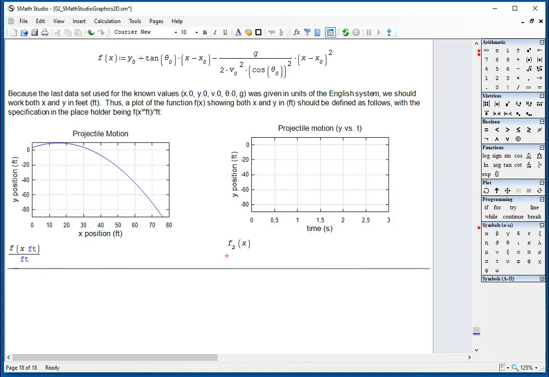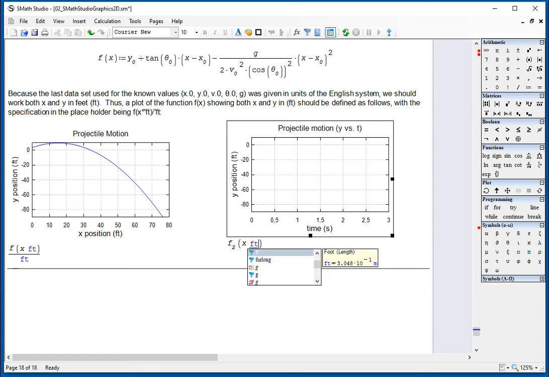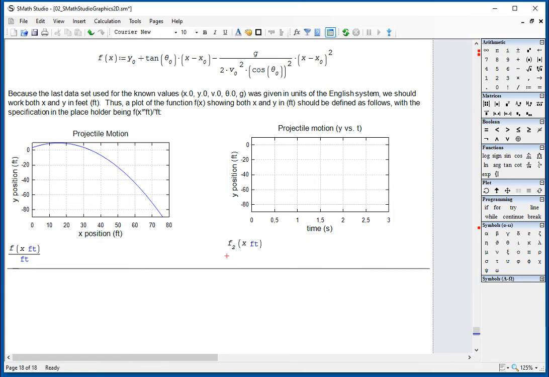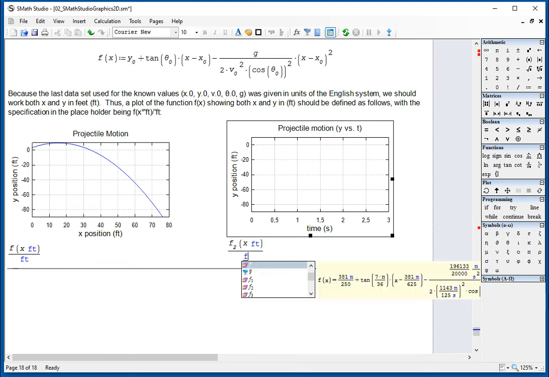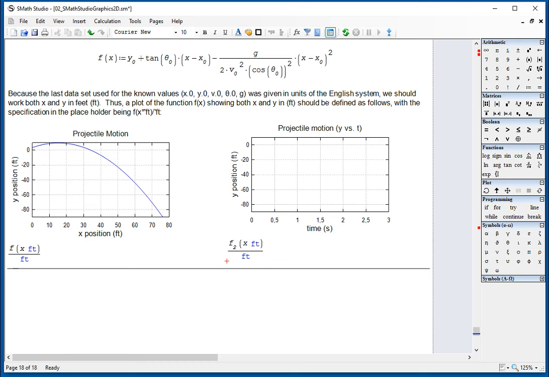But that, of course, is not going to produce any result because the x needs to have units and the x needs to be multiplied by apostrophe ft, which is feet. Still, it won't show up because you need to scale it by dividing by apostrophe ft. I'm going to do a recalculate page in here.